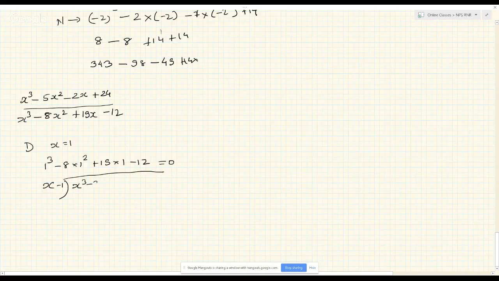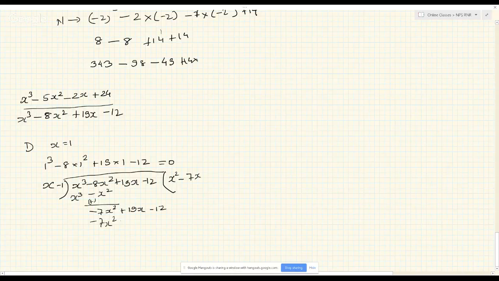The denominator was x cubed minus 8x squared plus 19x minus 12. Let's divide. Multiply by x squared, you will get x cubed minus x squared here. This one is minus, so it becomes minus 7x squared plus 19x minus 12. Then you multiply by minus 7x, you will get minus 7x squared plus 7x, and subtract.